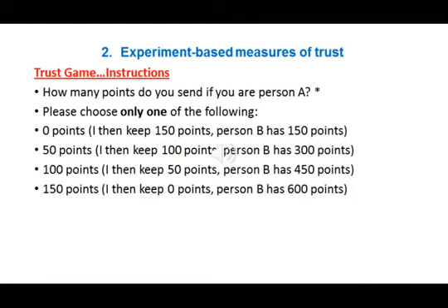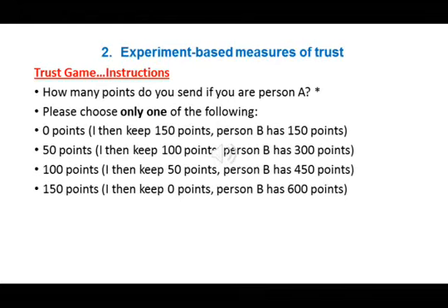Now we will be looking at those types of experiments where the subject will be assuming the two roles, okay? So we will ask him, how many points do you want to send if you are person A? And he has to choose one of these four options. Either to choose the first option, which is 0 points, which means that this person will keep 150 points for himself and person B will be left with the 150 points of his endowment.